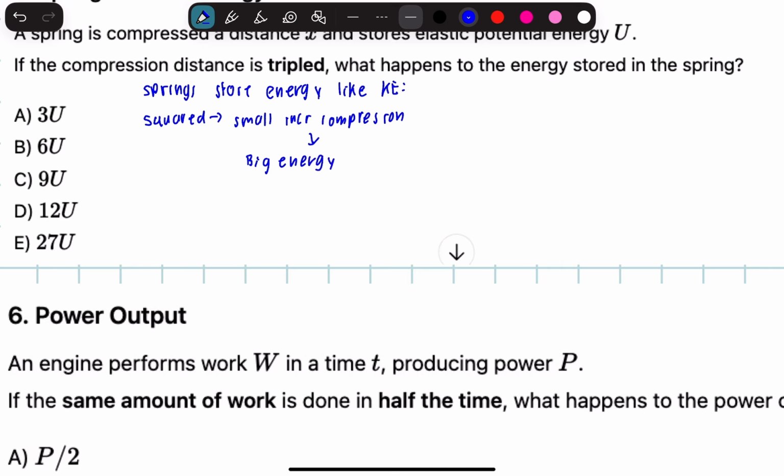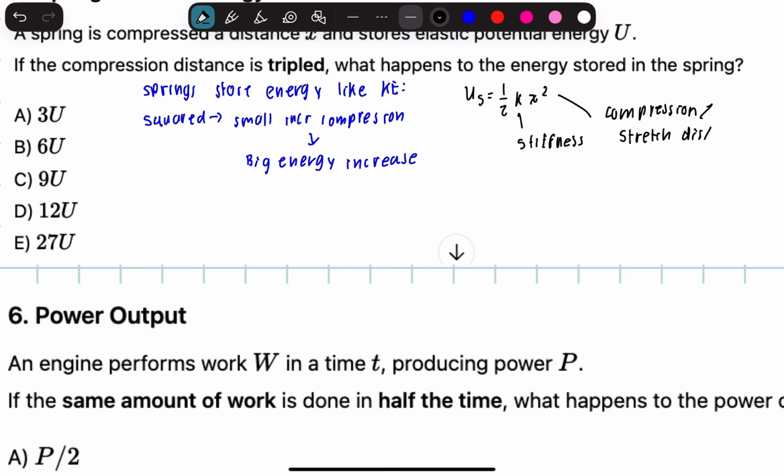And we can see this in the formula that is used to represent spring potential energy, which is Us is equal to 1/2 kx squared, where Us is elastic potential energy, k is a spring constant, which is essentially the stiffness, and x is compression or stretch distance.